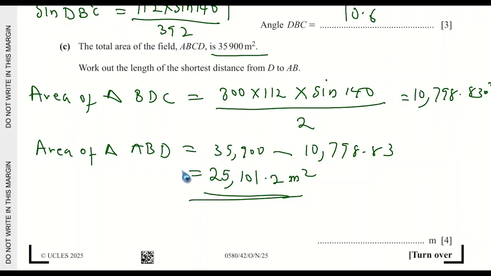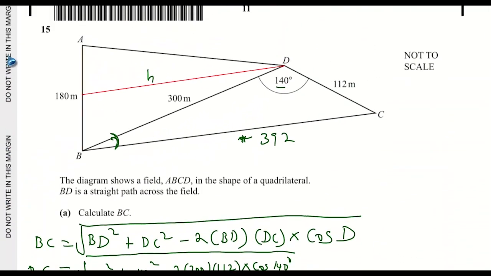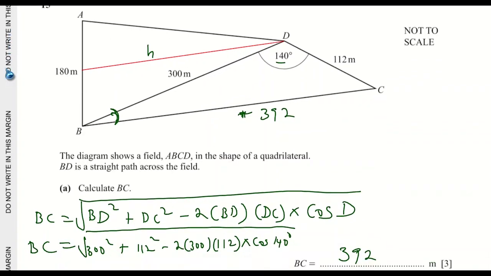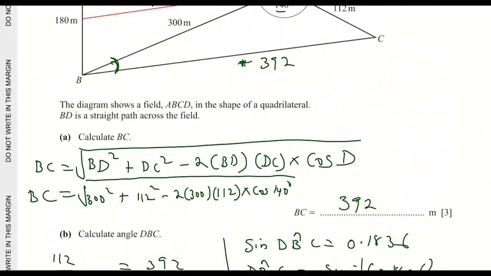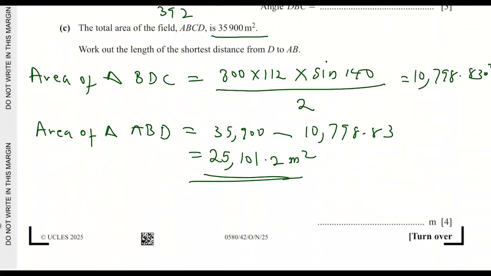Okay, but from the area of triangle ABD, we can get the height now. The height is the shortest distance from D to line AB. So the base is 180. Okay, I want to find the height.